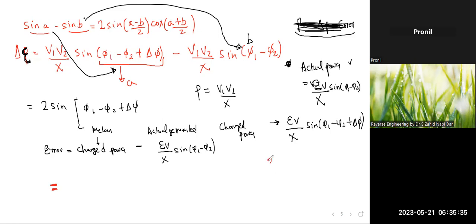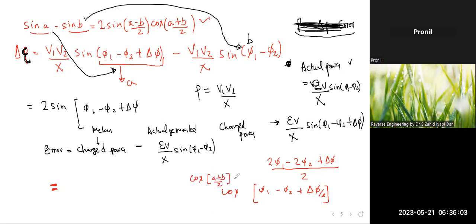So phi 1 and phi 1 will become 2 phi 1, this will become minus 2 phi 2, and this will become plus delta phi, and this is divided by 2. So this will become phi 1 minus phi 2 plus delta phi by 2. So this is the term that is in cos. If I am doing for cos of A plus B, this is my cos of A plus B by 2.